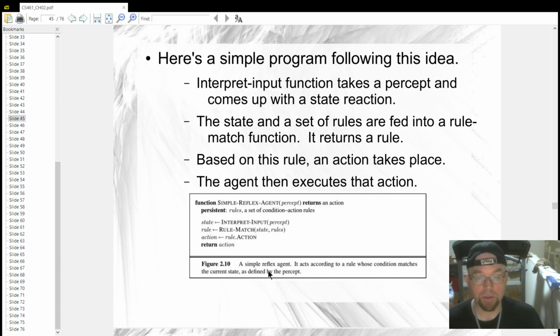So again, this is representing the agent function that you will have to implement in your agent program, which when combined with computer hardware or robotic hardware or whatever, is going to control your agent. It's going to be the manifestation of your agent.